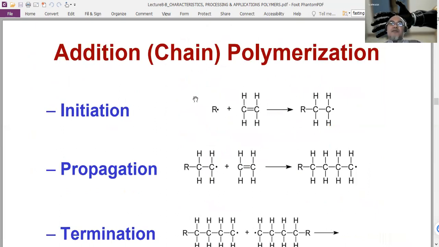So this is the polymerization process. We have actually touched a little bit on this topic in the previous session. As we mentioned, at the beginning it starts with an initiation process. A radical that is introduced to the raw material of the polymer will make that monomer become radicalized.